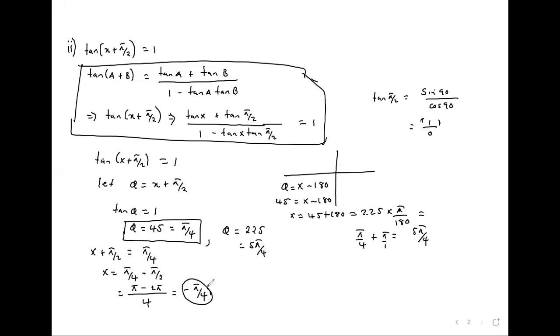It's negative, but our answer must be between 0 and pi. So what do we do? Don't worry, you just look for the coterminal angle of this guy. It will still make sense.